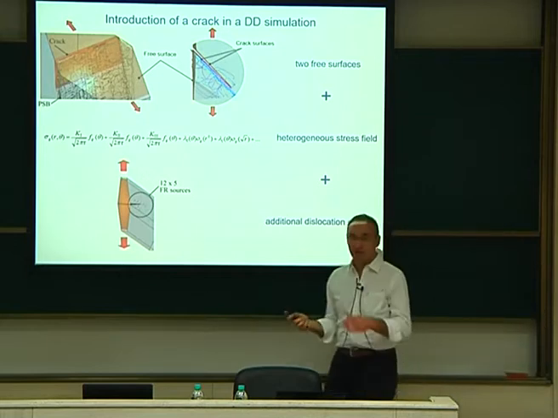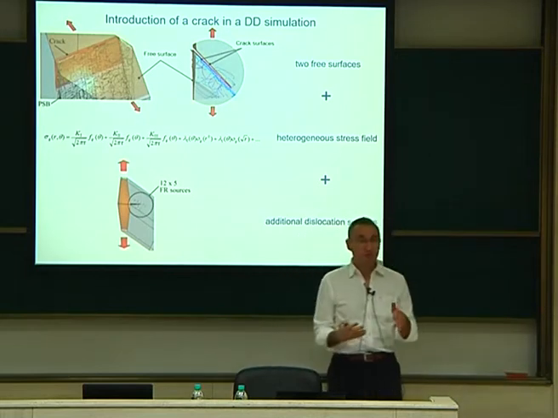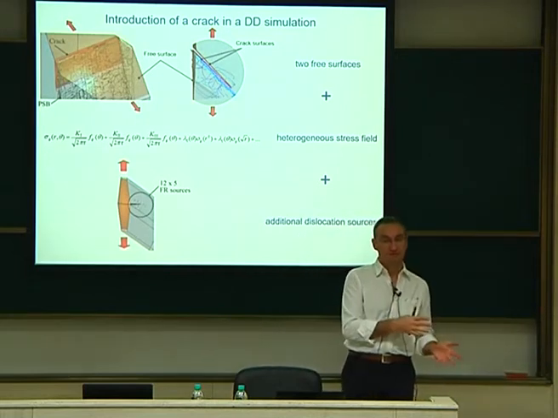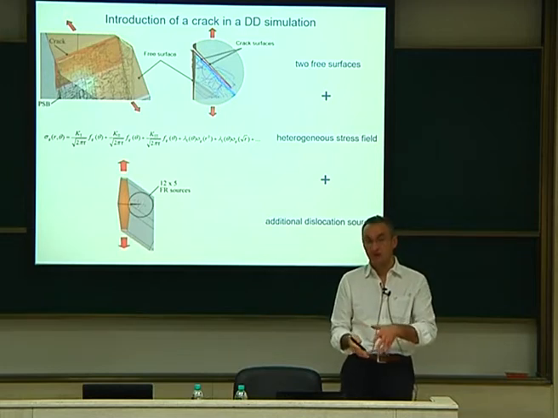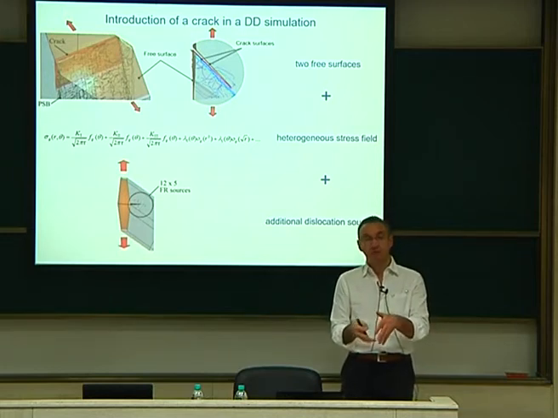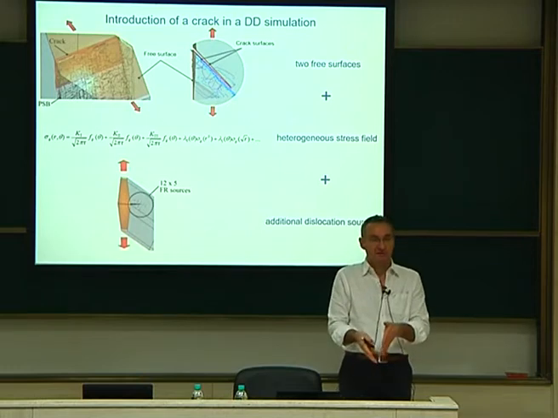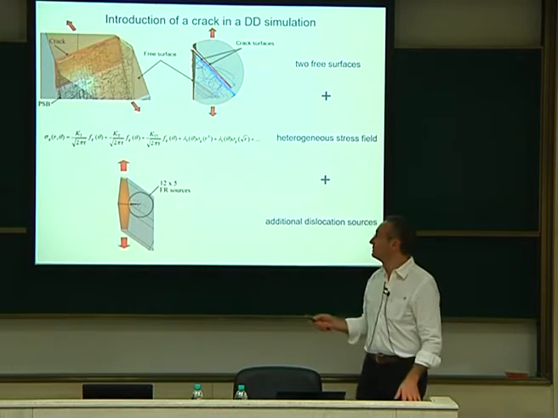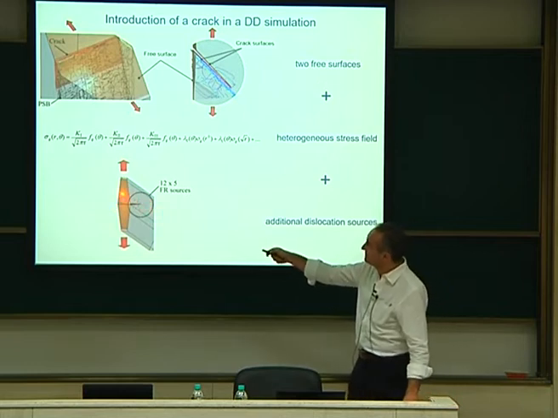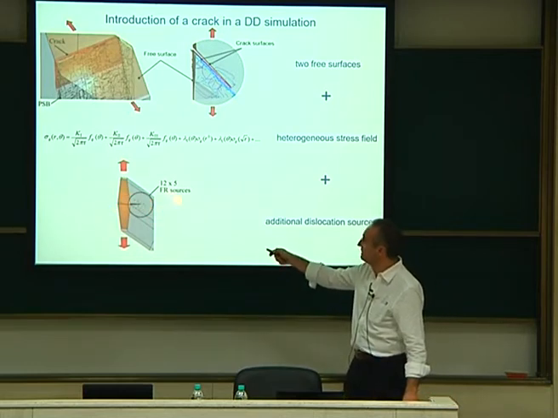The fact is that because now you have a crack, there is no more reason to put a single source as I did for the fatigue test, because here, because of the crack, you may nucleate dislocations on every slip system, of course. There is not one single system that will accommodate. Possibly, you may have all the systems. So because of that, we introduce some Frank-Read sources. These small segments here are sources.